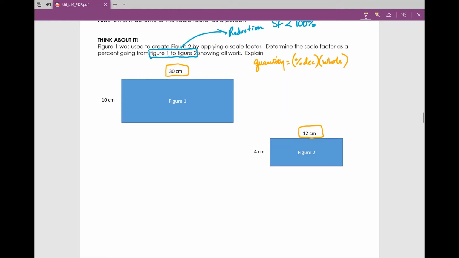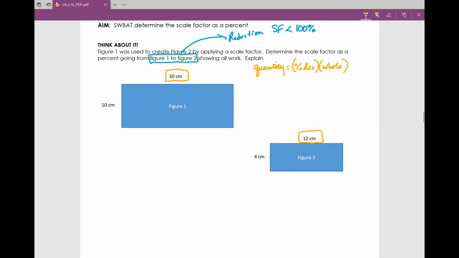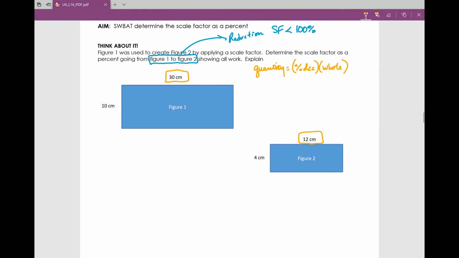Now, we know these words, we don't necessarily know them in context of scaled figures. So let's think about it, right? We're going from 30 centimeters to 12 centimeters, right? So this is our resulting value. It would be our quantity. So 12 centimeters.